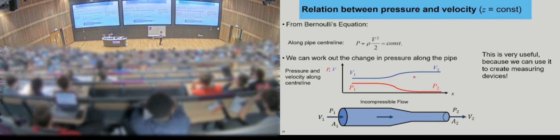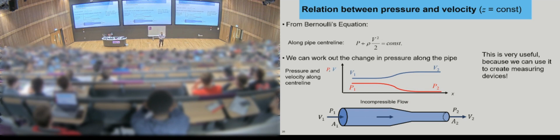As we go along the pipe and the area decreases, the velocity increases to a higher velocity. But in order to account for that, the pressure must decrease. This is very useful because we can use it to create measuring devices, and we're going to have a look at that later in the course. It's a very useful concept for understanding the flow as it goes through different types of geometries.